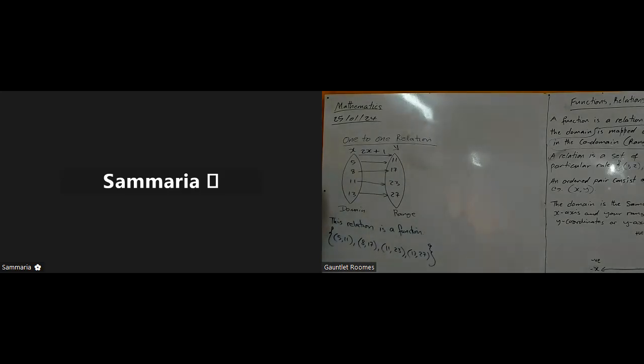How you work it out is you plug each x value into the function, work it out, and see if you get the corresponding y coordinates. But we will work those questions when we look at multiple choice.